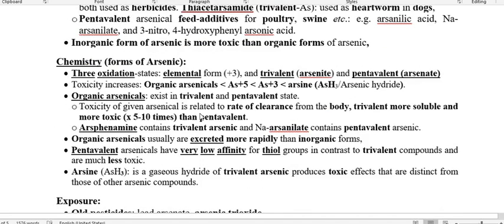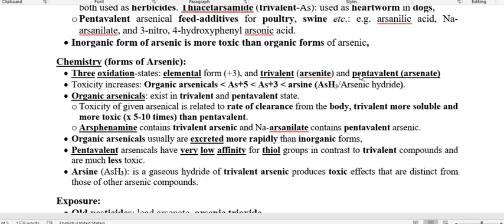Now we have to go through the oxidation states. As I earlier mentioned, arsenic exists in three oxidation states. That is the elemental form. Trivalent itself has oxidation number three, and it comes in the form of arsenide, whereas arsenite means AsO3, arsenic with 3 oxygen.